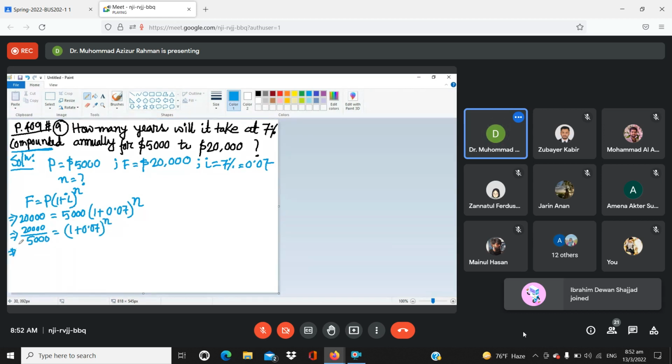So 1.07 to the power n equals 20,000 divided by 5,000, which is 4.